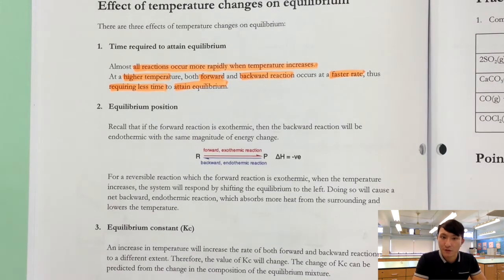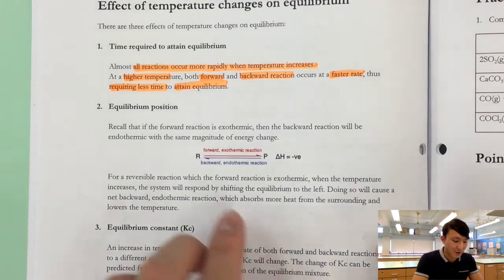So, if the forward reaction is an endothermic reaction, then it may as well perform more forward endothermic reaction. In this way, it can absorb more heat from the surrounding and therefore decrease the surrounding temperature. So this is how we make use of Le Chatelier's principle to predict how the equilibrium position will shift when there is a temperature change.